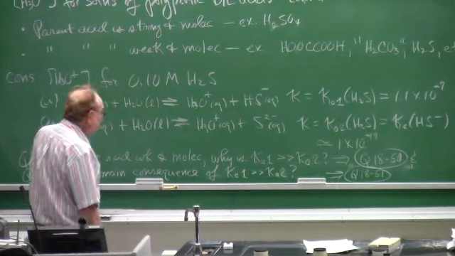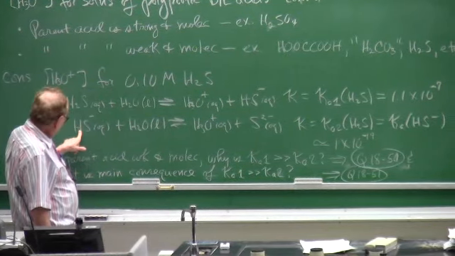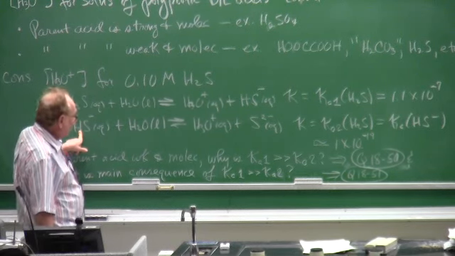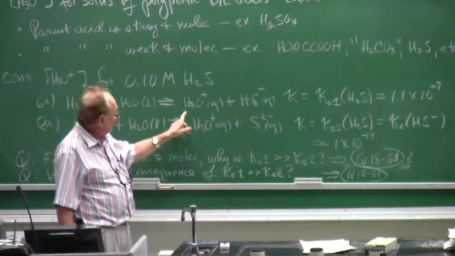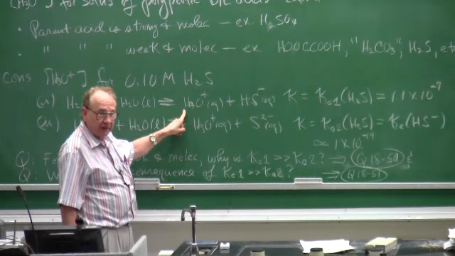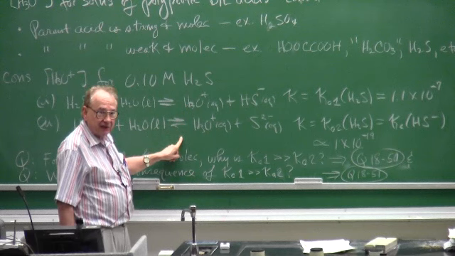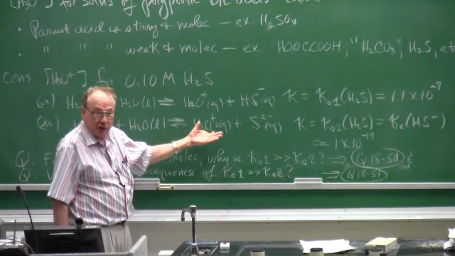Because if this reaction isn't going anyplace, this molarity doesn't change, and there's no contribution to the hydronium ion molarity made by the second ionization equilibrium, because the second ionization equilibrium isn't going anyplace.